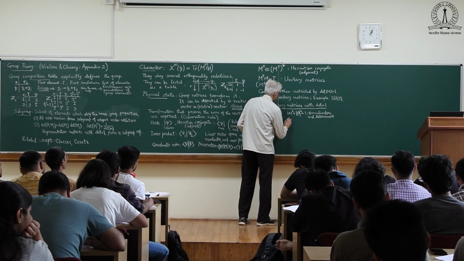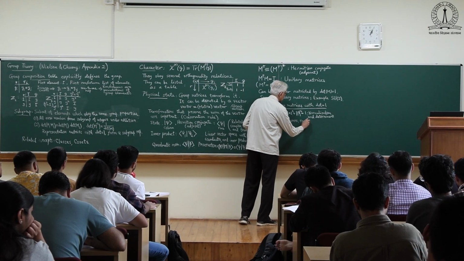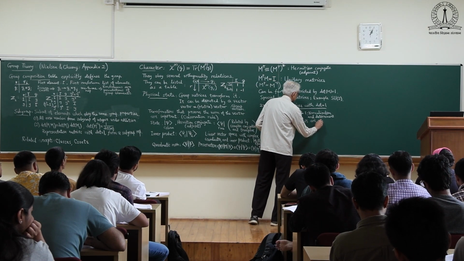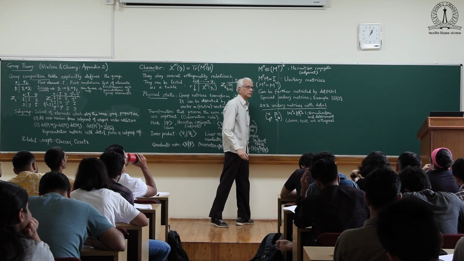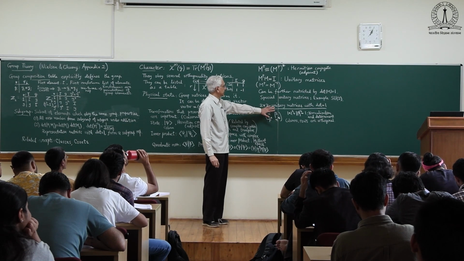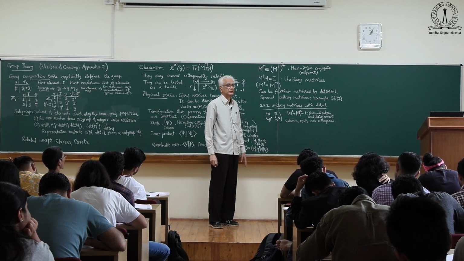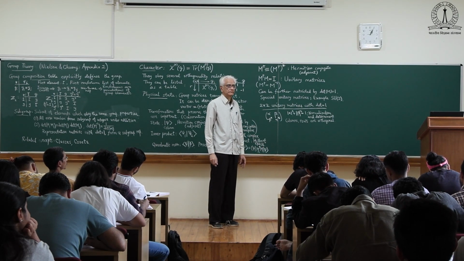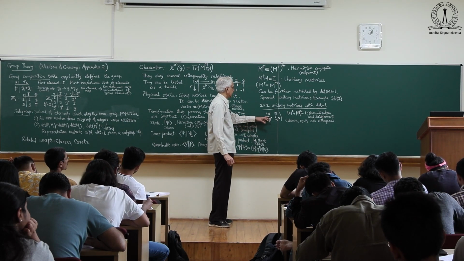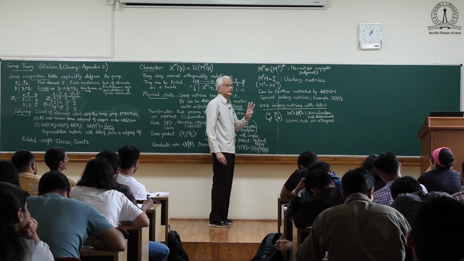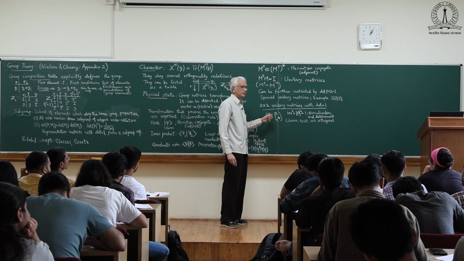Here the columns and rows are orthogonal. And this is the most general 2 by 2 unitary matrix you can write down with determinant equal to 1. It involves 3 parameters. Okay. 2 complex numbers, but 1 constraint.